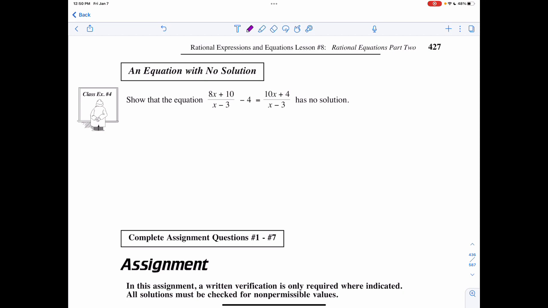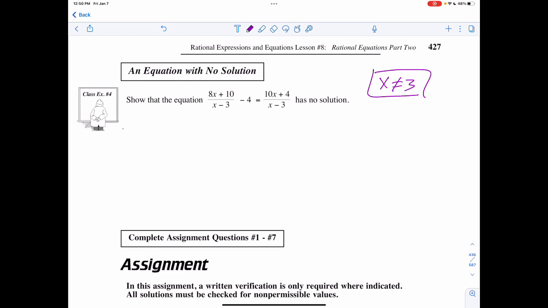Remember, sometimes we can create equations that are actually just impossible. They just don't work. So, if I take this last example and I say that x cannot equal 3, there's my MPV. I'm going to multiply every single term by x minus 3.